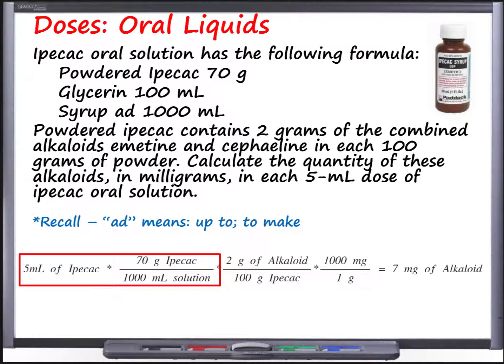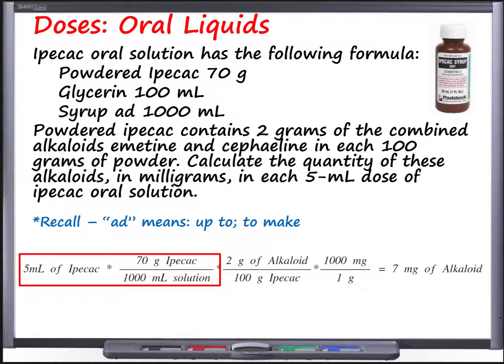So once we multiply that by 5, remember we didn't want to know how much overall Ipecac powder is in this, we wanted to know how much active ingredient. Remember, the only active ingredients are those 2 alkaloids. So we're going to multiply by the concentration of alkaloids in the actual Ipecac powder.